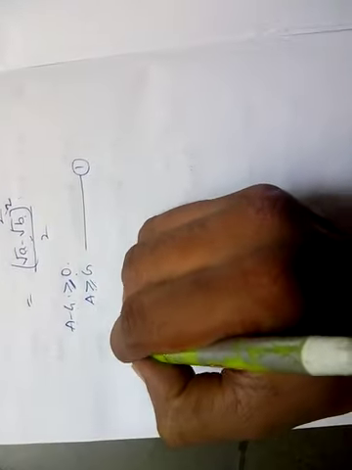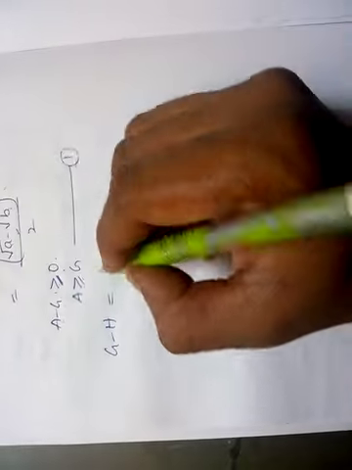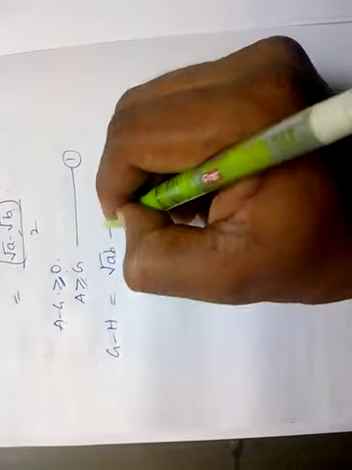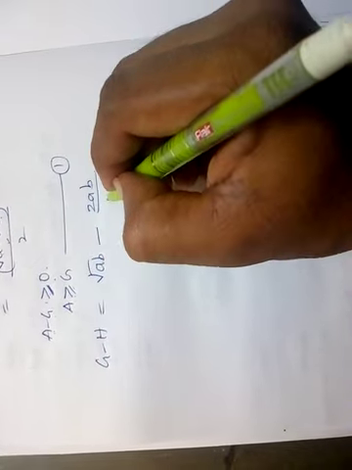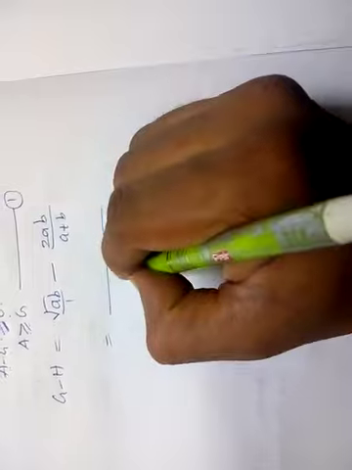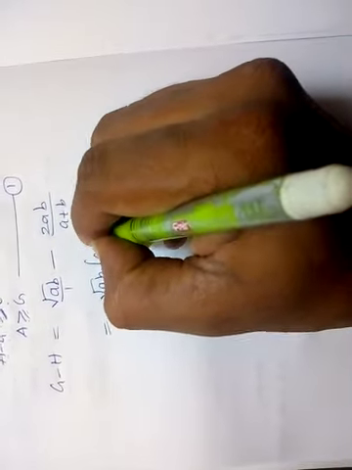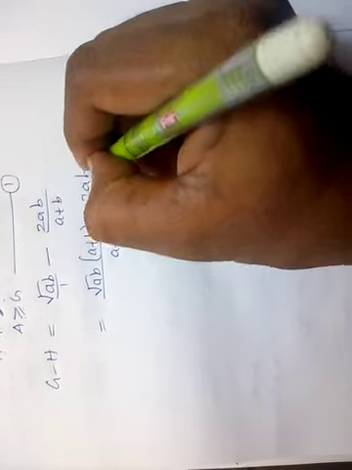And next one, the second one, G minus H. So G minus H, what is G? Square root of AB minus H, which is 2AB by (A plus B). So take LCM here, A plus B: square root of AB into (A plus B) minus 2AB.